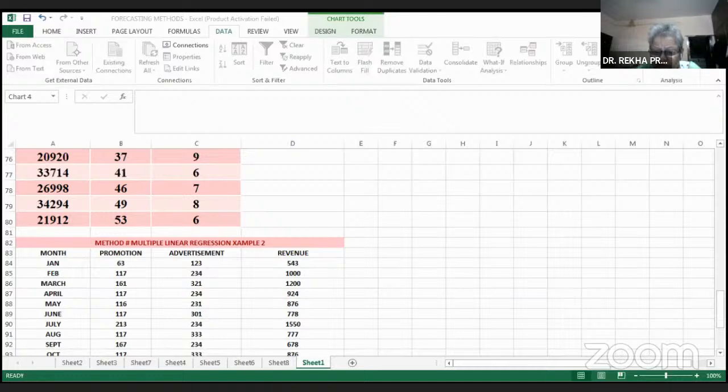Regression also you can do from here. You can do t-test. All these things you can do from here. You just have to select this and put the data. It will give you the answer.